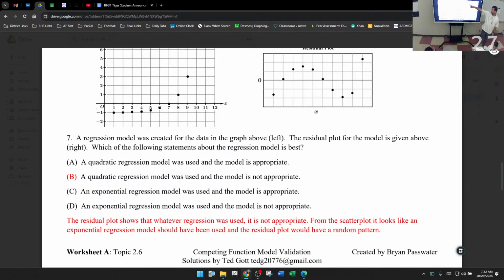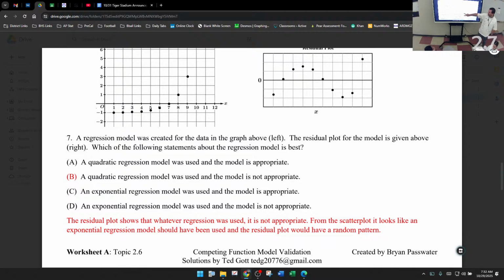The model's definitely not appropriate because that's curved. A quadratic regression model is used and the model is not appropriate. I like that one. The next one says an exponential regression model was used and the model is appropriate. The model is not appropriate. And it says an exponential model was used and the model is not appropriate. And I don't think they used an exponential model because if they did, that would have been scattered. Okay with all that?